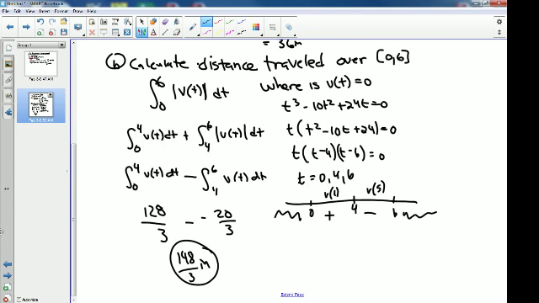The method for distance traveled is: find the velocity zeros, where it's positive, negative, split it up. That's all we got.